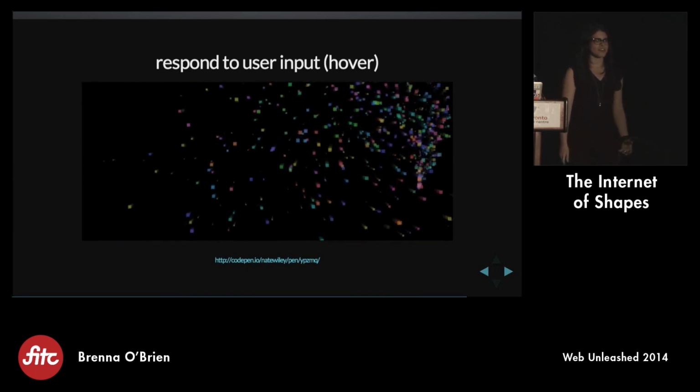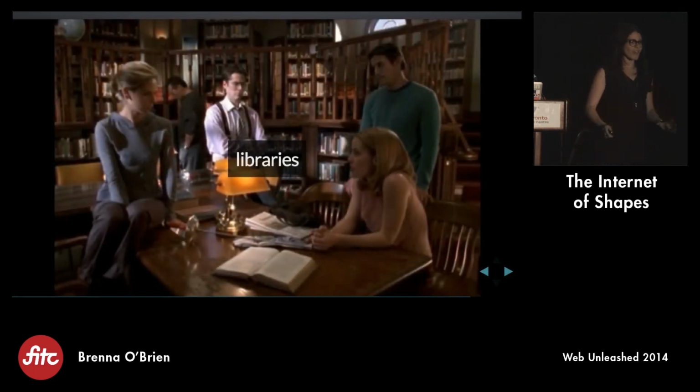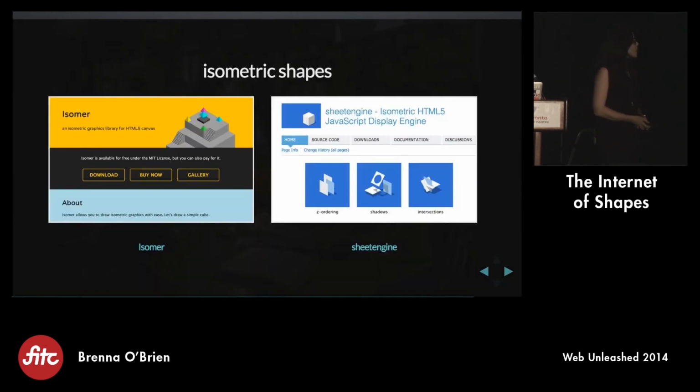And then if you really want to go crazy with Canvas, there is luckily a wealth of libraries available to push that further and help you generate some of the more complex stuff. So a quick rundown on some of these. If you are curious about drawing isometric shape projections, which is sort of rendering 3D stuff in the 2D plane, there's two really great ones called Isomer and Sheet Engine.